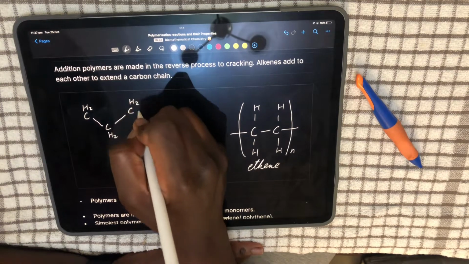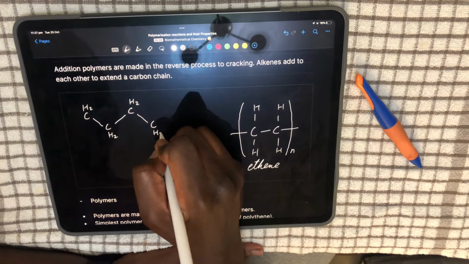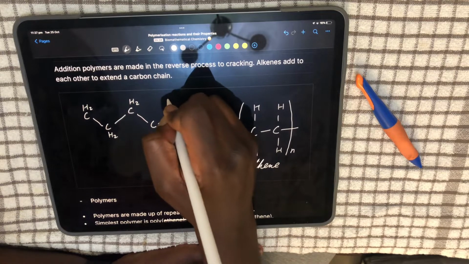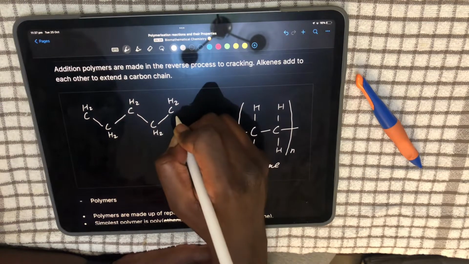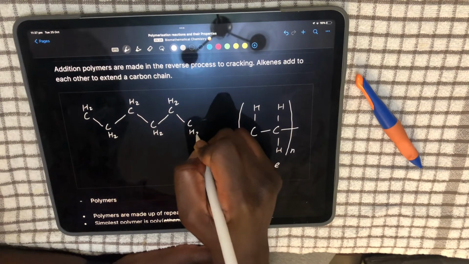You see, I can do this an infinite number of times, theoretically at least. The point is that you understand that it's just the same unit being repeated over and over again.